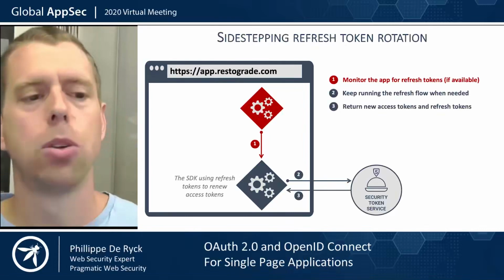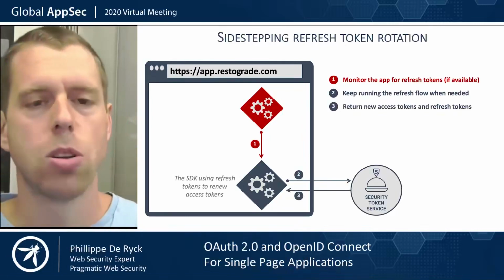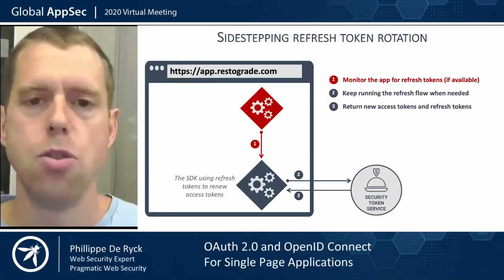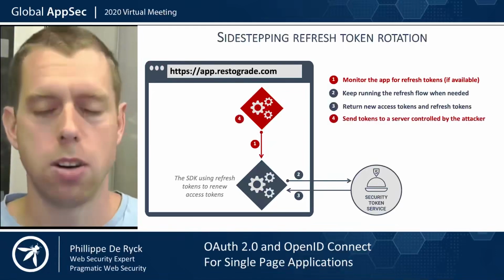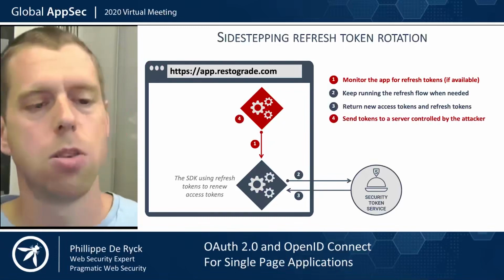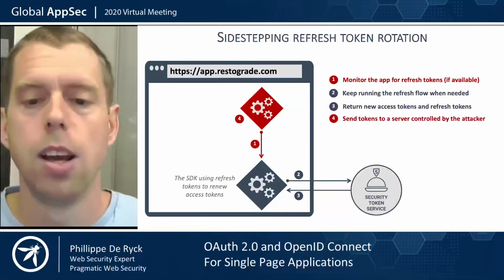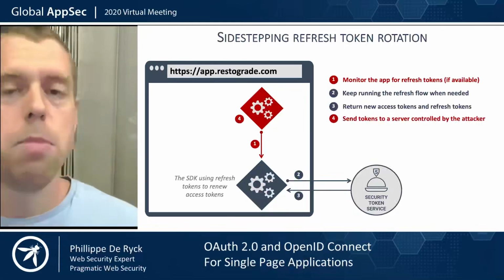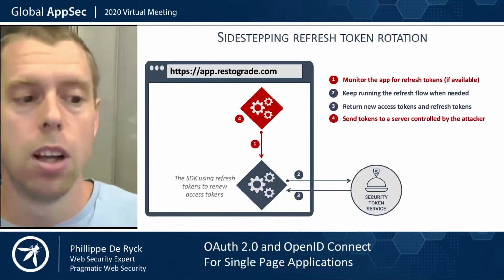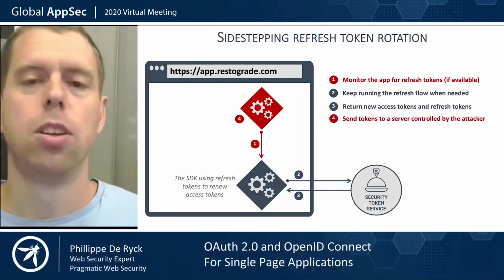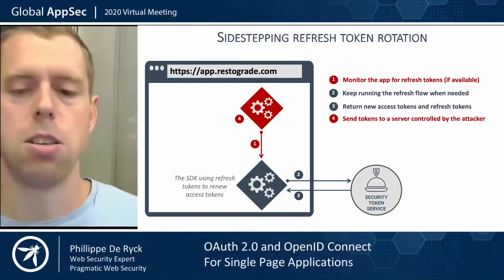So the attacker will now be able to extract access tokens and refresh tokens every time you get a new set. The attacker sends these tokens to the server controlled by the attacker, just extracts them and ships them off so the attacker can use them later. And then the attacker waits. And maybe this happens again and again, until the application becomes inactive, until the user stops using this application.